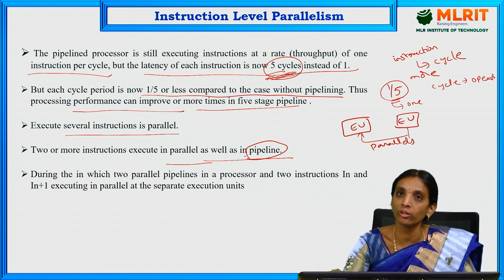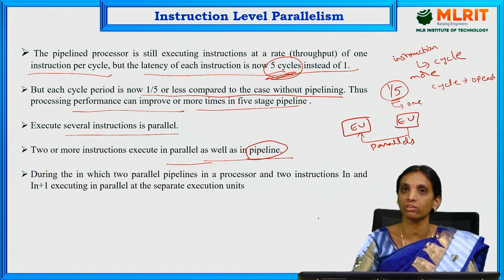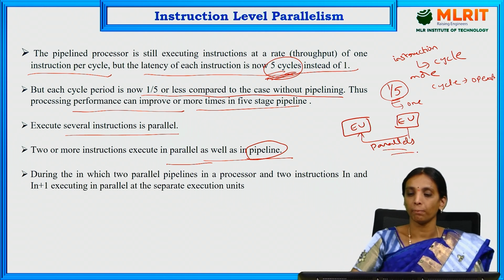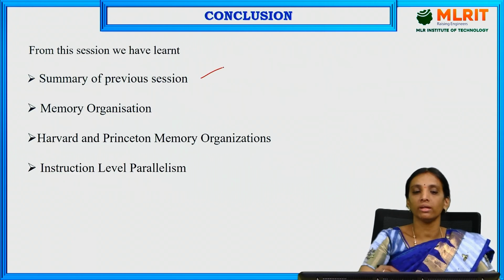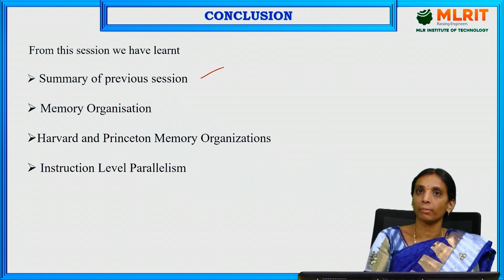If there are two separate units executing the instructions separately, it is called parallelism or parallel processing.